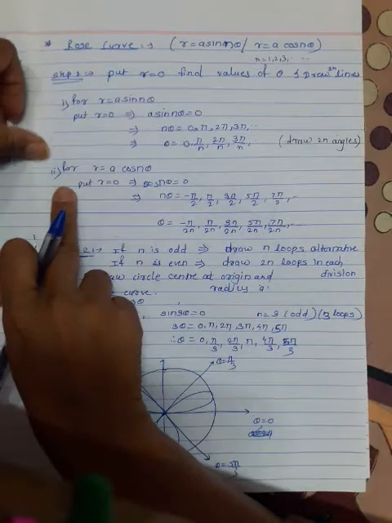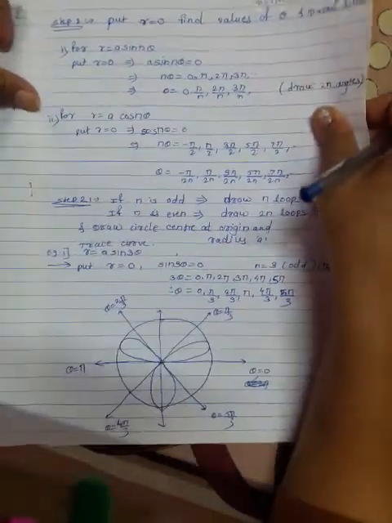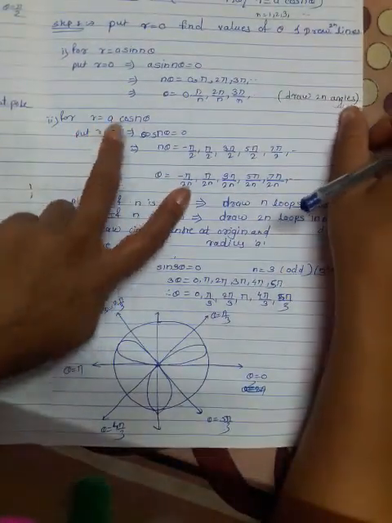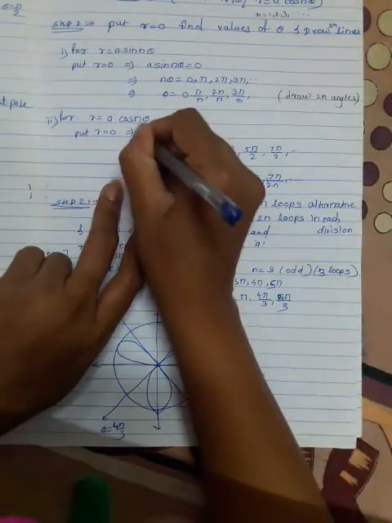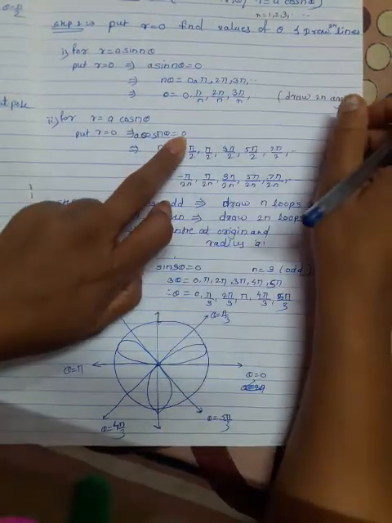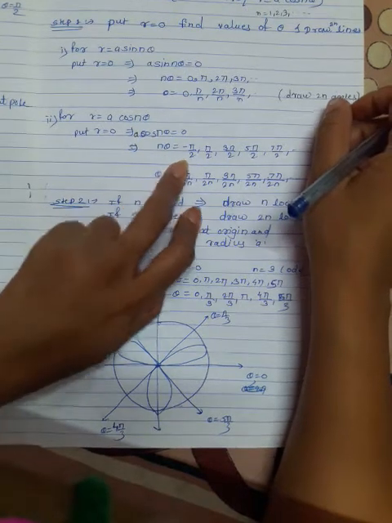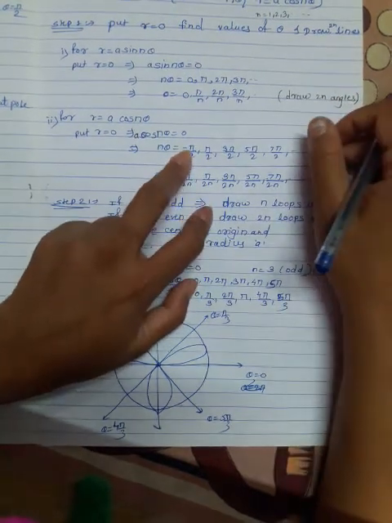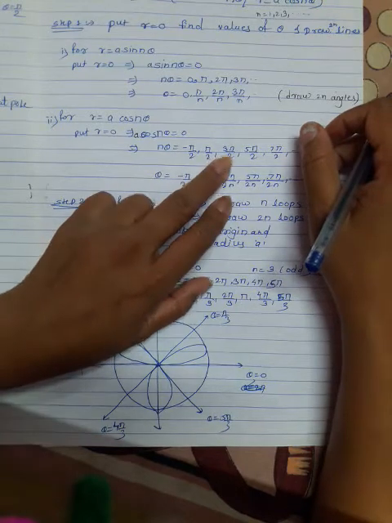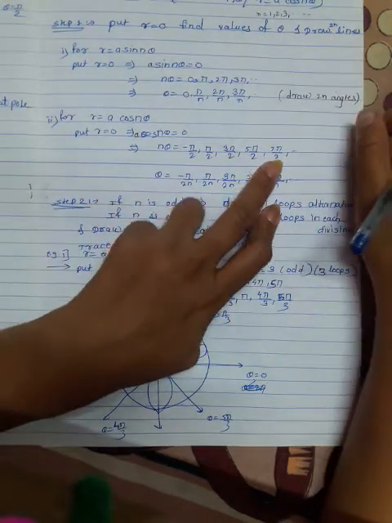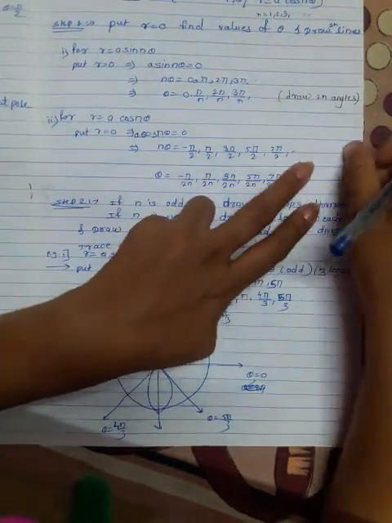And then for cos theta, put r is equal to 0, we get a cos n theta is equal to 0. That's why cos n theta is equal to 0. That means n theta starts from, we have to take one negative angle, minus pi by 2, plus pi by 2, 3 pi by 2, 5 pi by 2, 7 pi by 2, 9 pi by 2, 11 pi by 2 and so on.